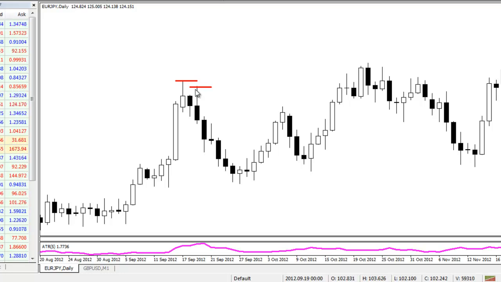Therefore, the swing low formation is like this one here: a lower bar, lower low, higher low. And that's how we're looking at a swing high and a swing low. So a swing high and swing low have now been defined.